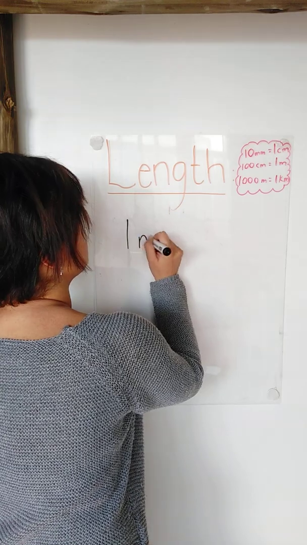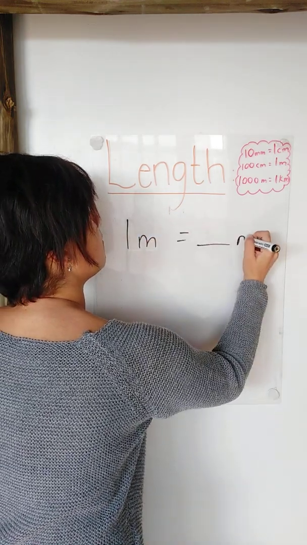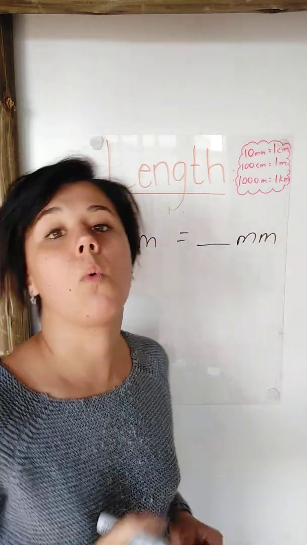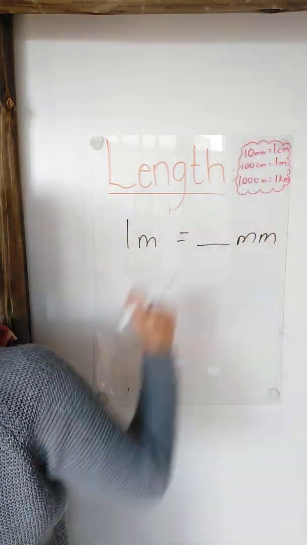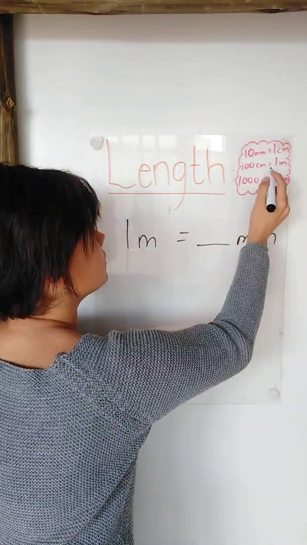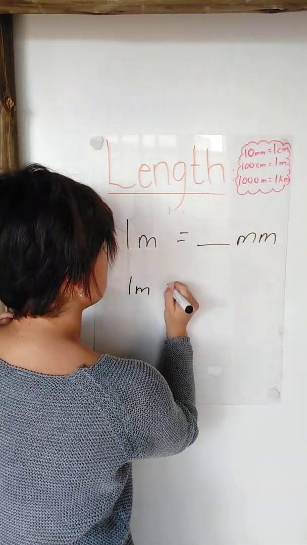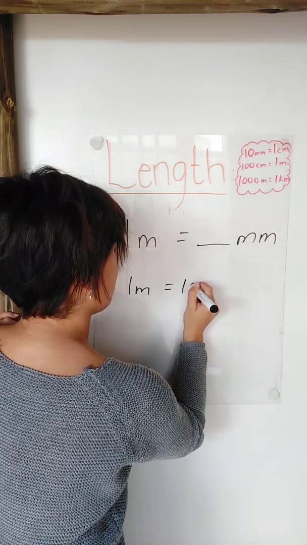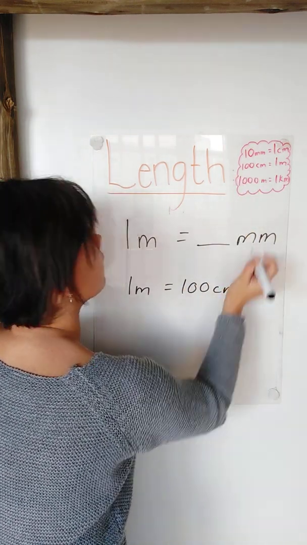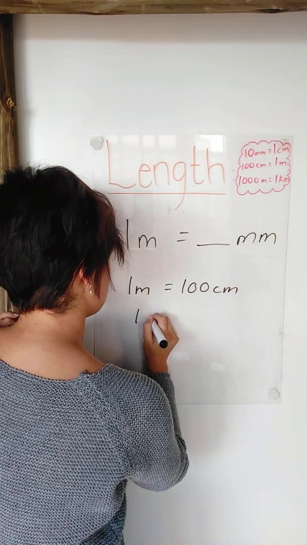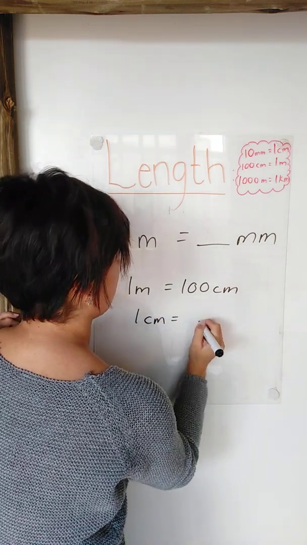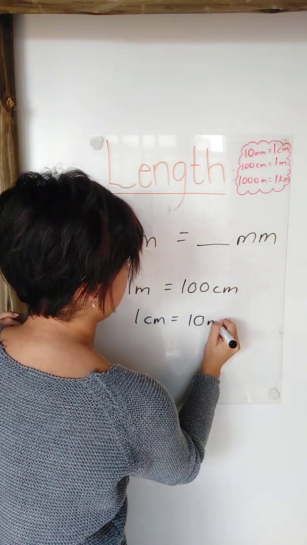Okay, so the question is, you have 1 meter. How many millimeters are in this 1 meter? Now, you don't have it there, but it's easy to figure out. In 1 meter, we know there are 100 centimeters. And we know that 1 centimeter equals 10 millimeters.